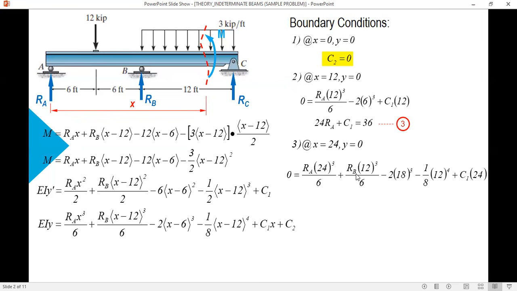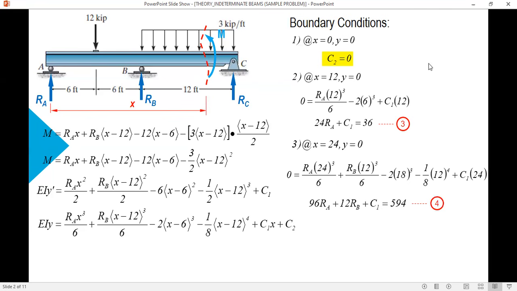And we have this equation. So we simplify this one and then transpose it to the other side. And then we reduce the equation by dividing this by maybe 24. Okay, 24. So we remove the coefficient of C1. And this will be our equation 4.